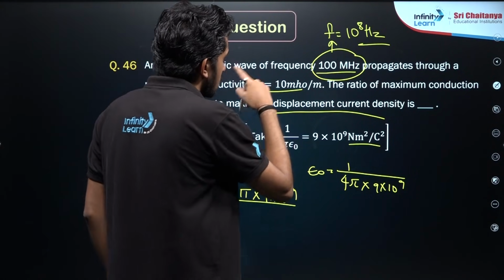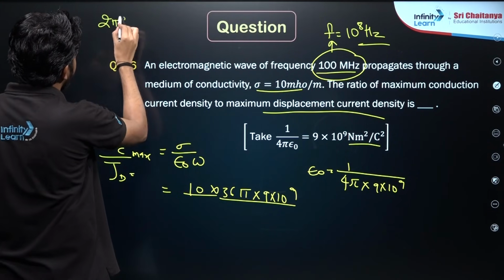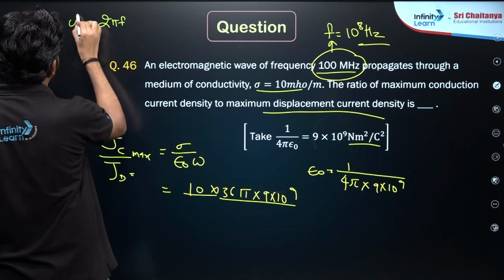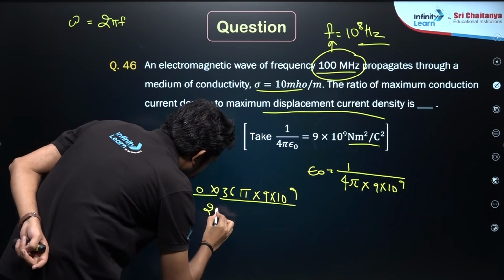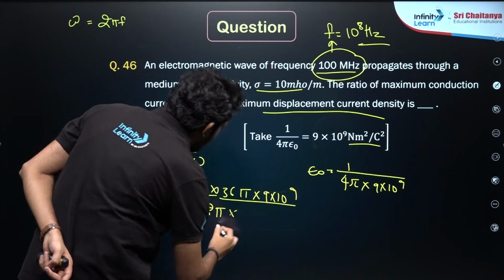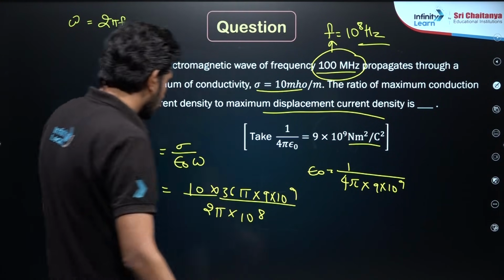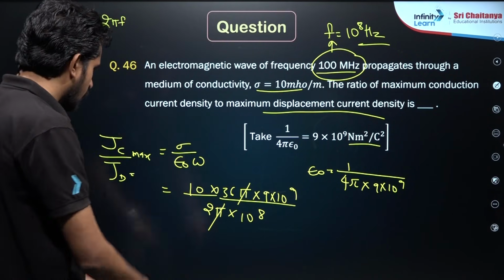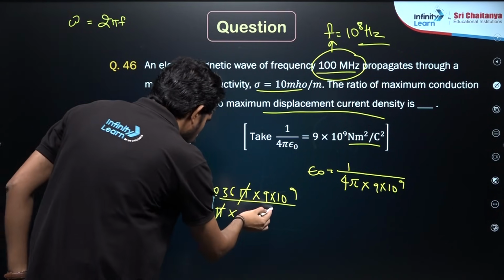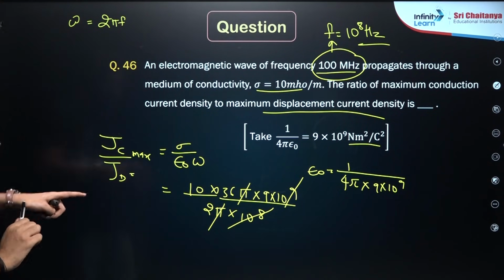Okay. Then 2 pi f is omega. So let's write that here. 2 pi and f, frequency is 10 raised to 8. So pi cancelled out. Okay. Then only 10 is left there. Then 18.